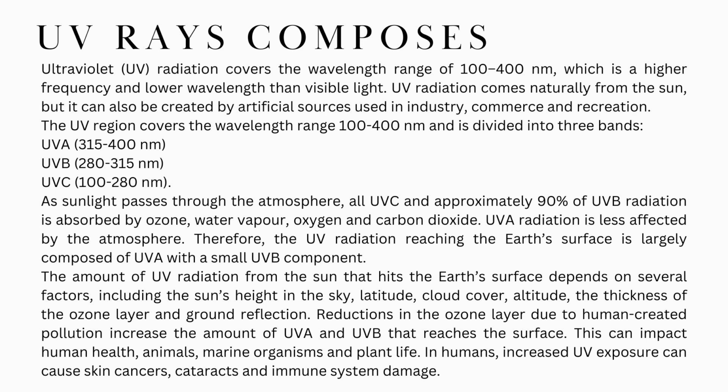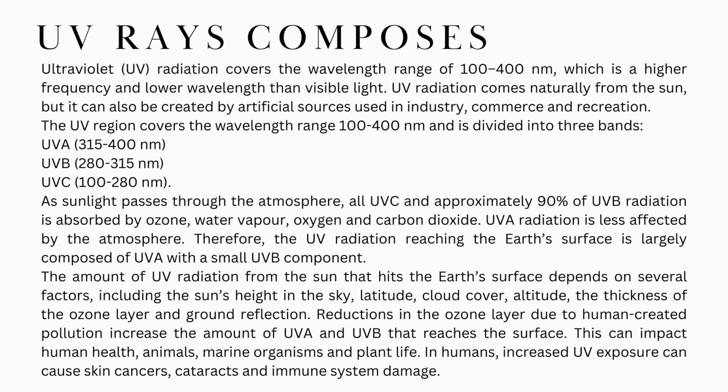The amount of UV radiation from the sun that hits the Earth's surface depends on several factors, including the sun's height in the sky, latitude, cloud cover, altitude, the thickness of the ozone layer, and ground reflection.